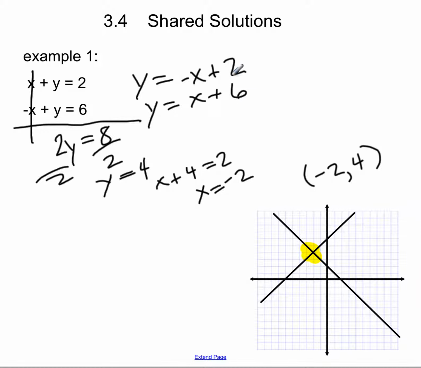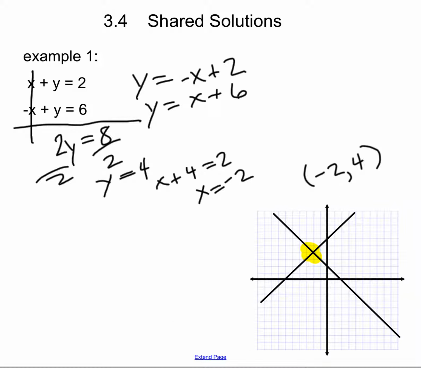This one has an intercept of 2 right here and a negative 1 slope, so it goes down. This second equation has an intercept of 6 right here and a slope of 1, so it's growing. The intersection point is where the yellow highlighter is, which is at the point negative 2, 4, just like it says right here, negative 2, 4. Okay, so that's pretty much what you've been doing.